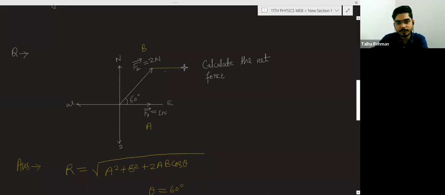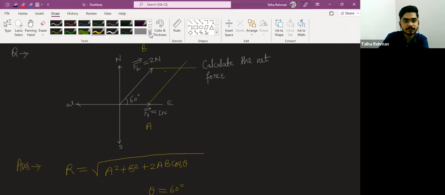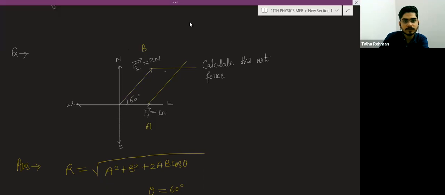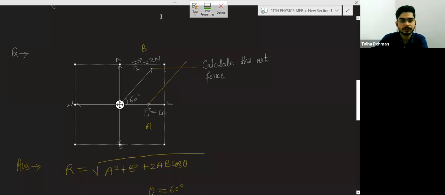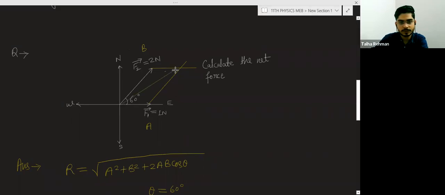Make a parallel line to this vector and a parallel line to this other vector. This is the point of intersection. So the resultant of this will be this. This will be your resultant vector.